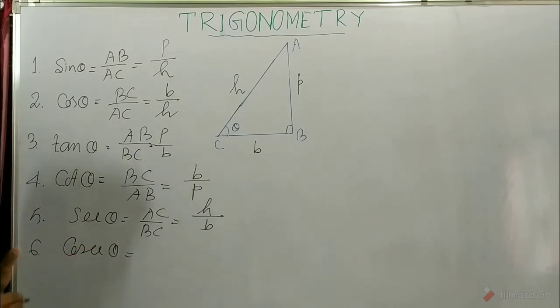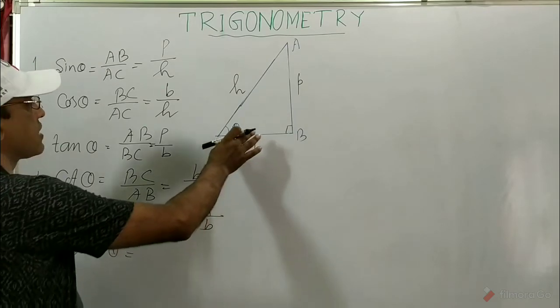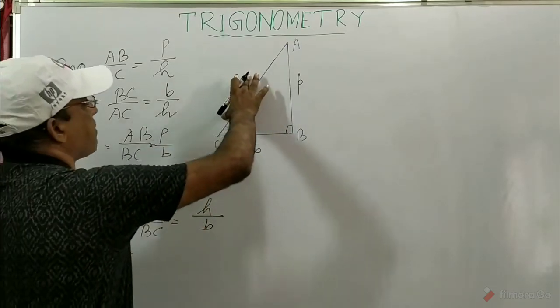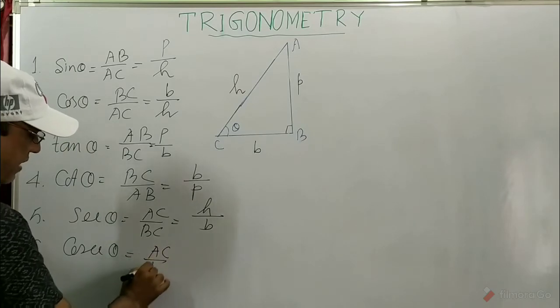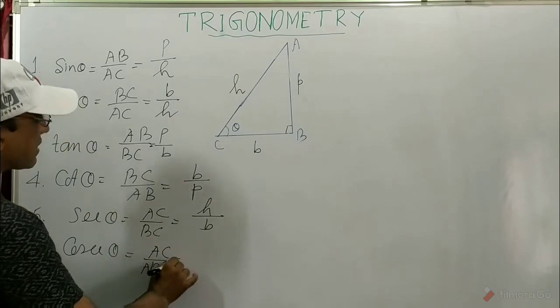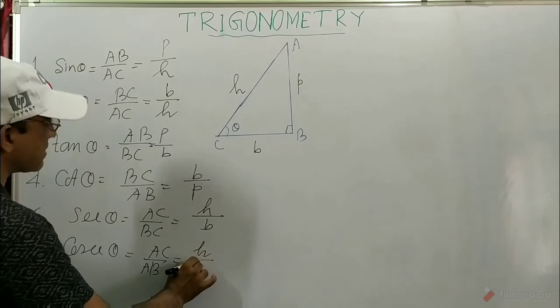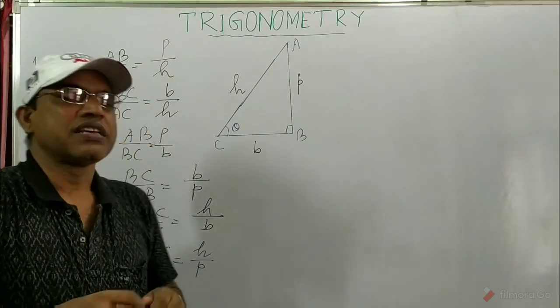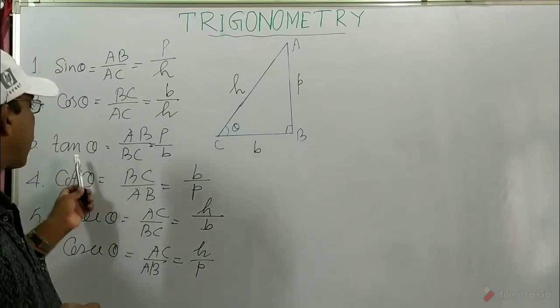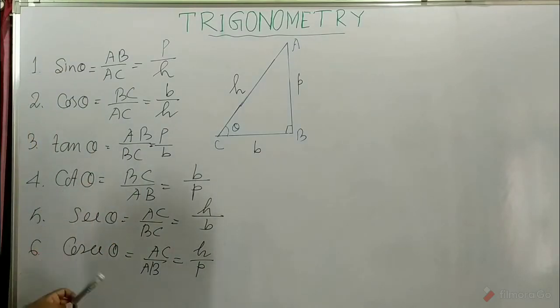Cosec theta equals AC by AB. AC means H, and AB is P. So these are the 6 ratios: sine, cos, tan, cot, sec, cosec.